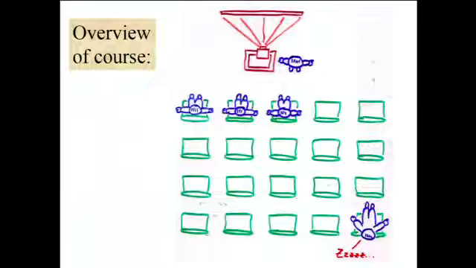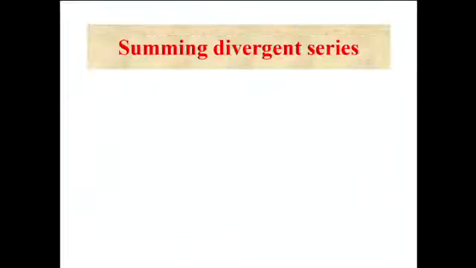But the question is, how do you sum a series if it doesn't converge? Okay? Now, that's the really interesting question. So how do you sum a divergent series, and is that a meaningful thing to do?